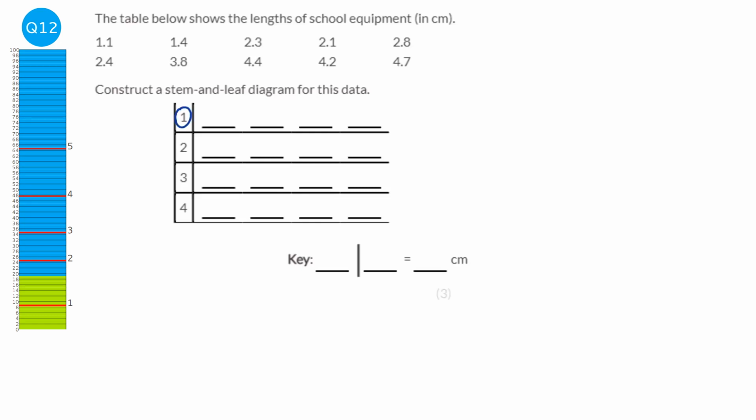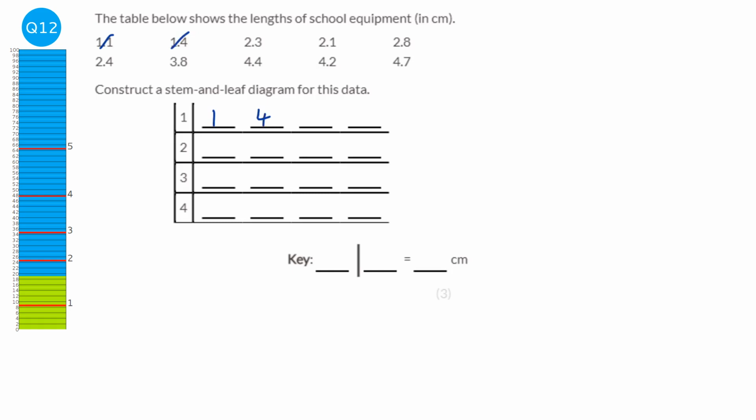This 1 here could either mean 10 or it could mean 1. In this case we're using it to represent a 1, because if you look at the data, they're all either 1 point something, 2 point something, 3 point something, or 4 point something. So looking at the 1 point somethings, we've got a 1.1 there, and we've got a 1.4.